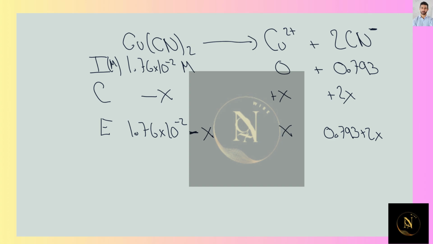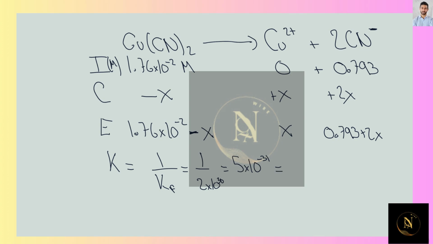You may notice that this is the inverse reaction of the formation constant, so the equilibrium constant is 1 over Kf, which is 1 over 2 times 10 to the 30, or 5 times 10 to the minus 31.